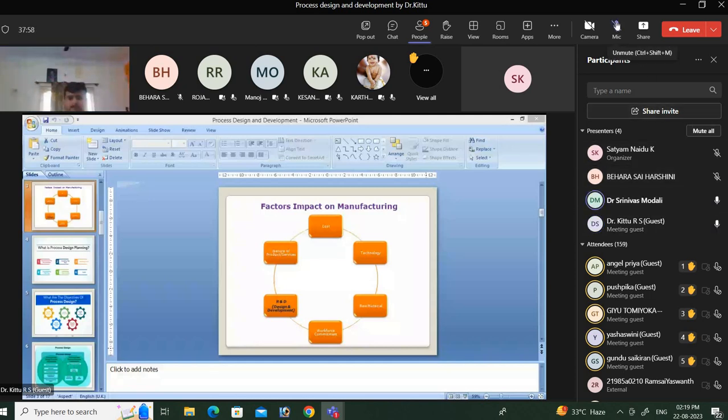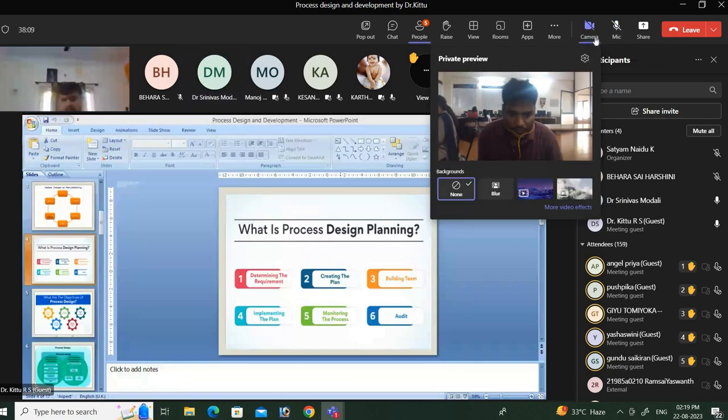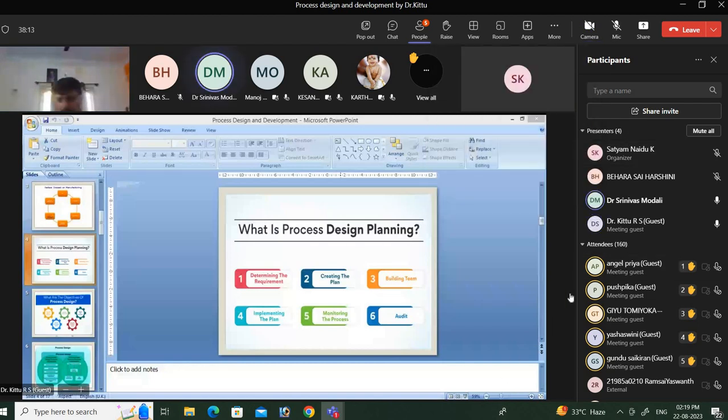Sir, you are audible, but the screen is not full screen. Sir, at the right side bottom, 59% is there. Beside that one, there is a cup-like symbol. If you click it, full screen will be available for us. Please wait, sir.